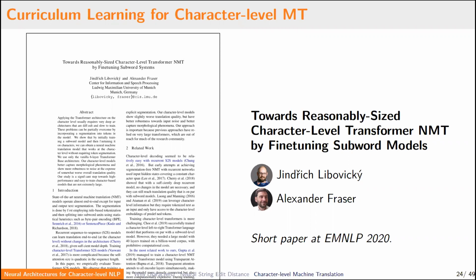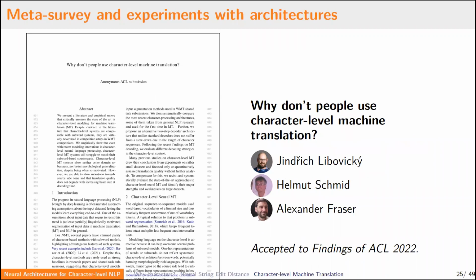It was a short paper presented at NLP 2020. And other insights are from a very recent paper that is sort of a meta survey of what people did and when, and an evaluation of how the state of the art really is. It's a paper that just got accepted to Findings of ACL 2022.